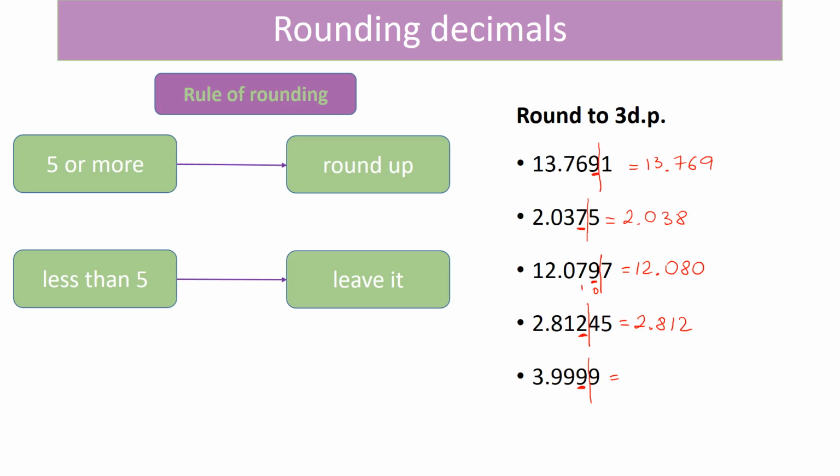Now this becomes 10, and I carry the 1, which means that this will become 10 as well, and I have to carry the 1, which means now this will become 10 as well, and I have to carry the 1. So that's going to be 4.000, and I need all those zeros because the answer needs to have 3 decimal places.